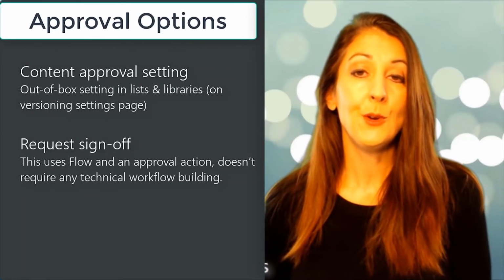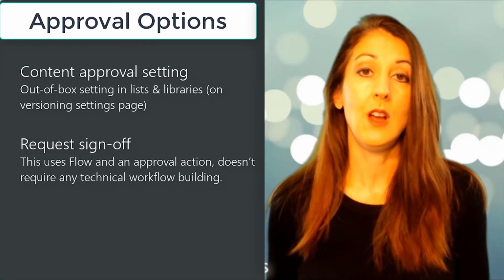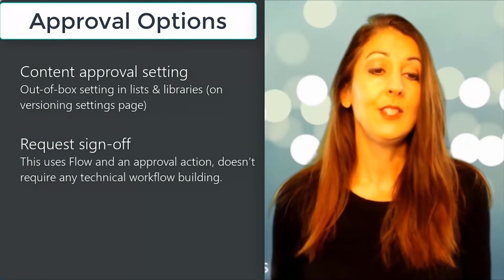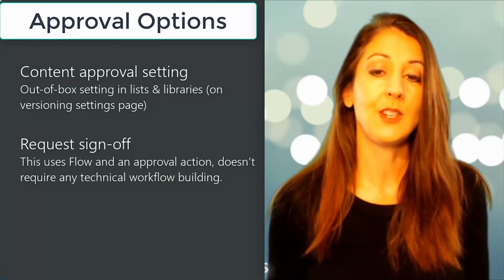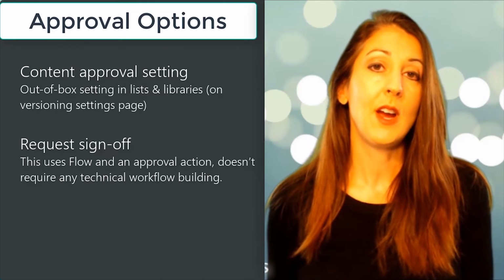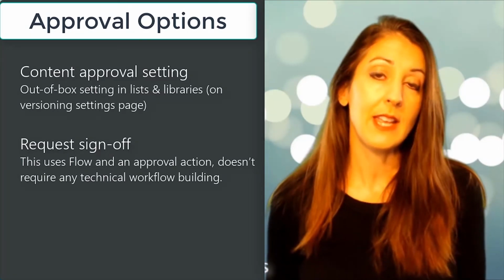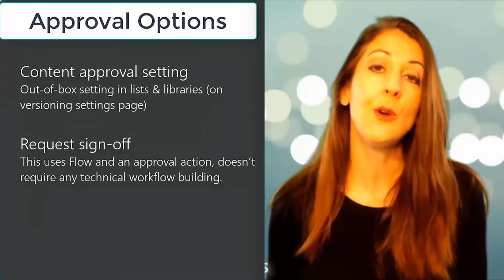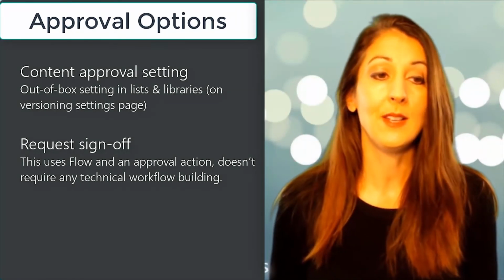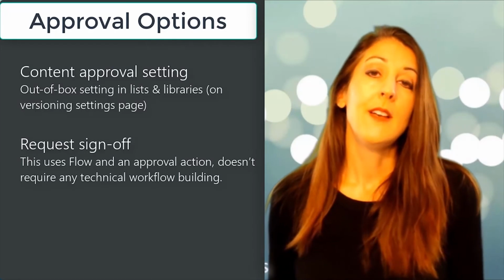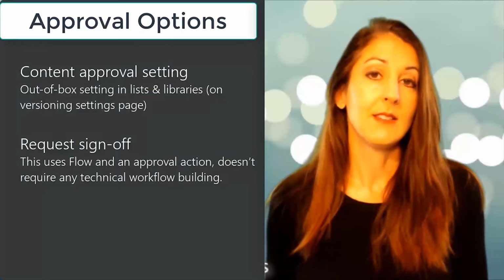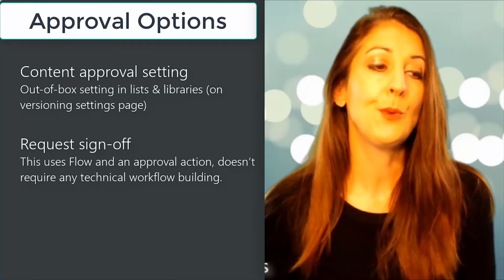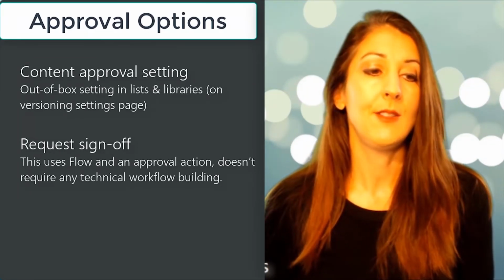There's also a new concept having to do with very simple approvals. It's called request sign-off. And this uses Flow and an approval action, but doesn't actually require you to go to the Flow interface and configure anything or actually create a flow. It is a completely built-in flow that is not customizable. So those are our two very basic out-of-the-box approval options, and we'll dig a little bit more into those before we move on to moving beyond out-of-the-box.